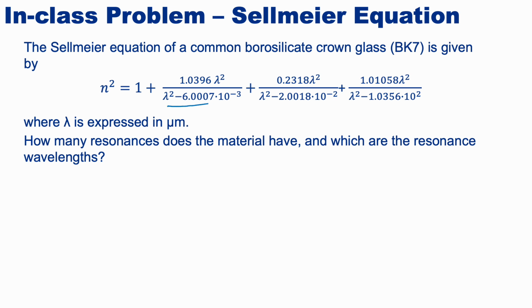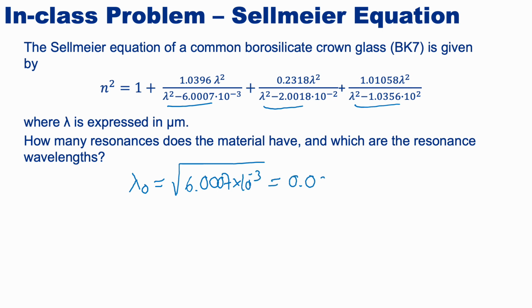Because we have 3 terms, we're going to have 3 resonances. Remember that it was squared, so the first one is the square root of 6.0007 times 10 to the minus 3, which is 0.0775 microns.